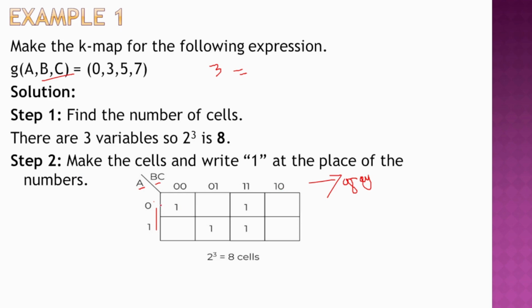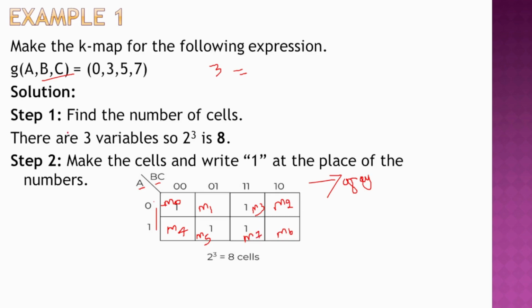This is M0. This is the procedure to fill the K-map: M1, then M2 is this place. This is M2 and this is M3. M4, M5, M6, this is M6 and this is M7.